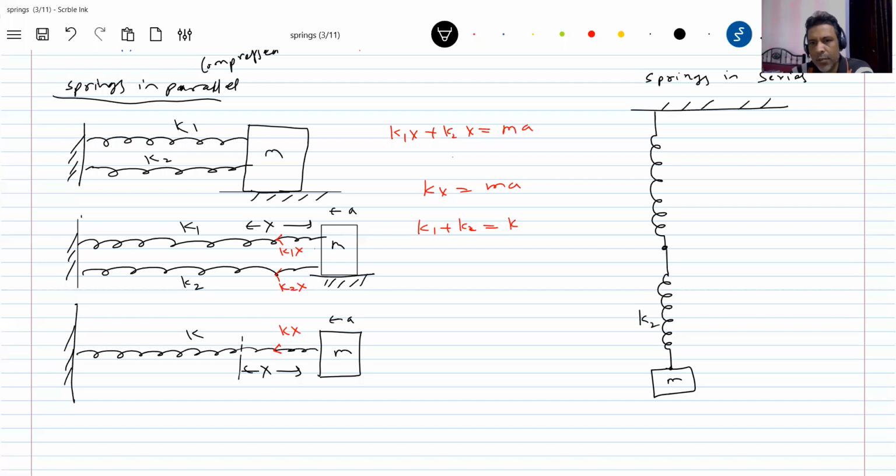Let this be K2, let this be K1. I want to replace this with an equivalent spring. What method do we have to apply?